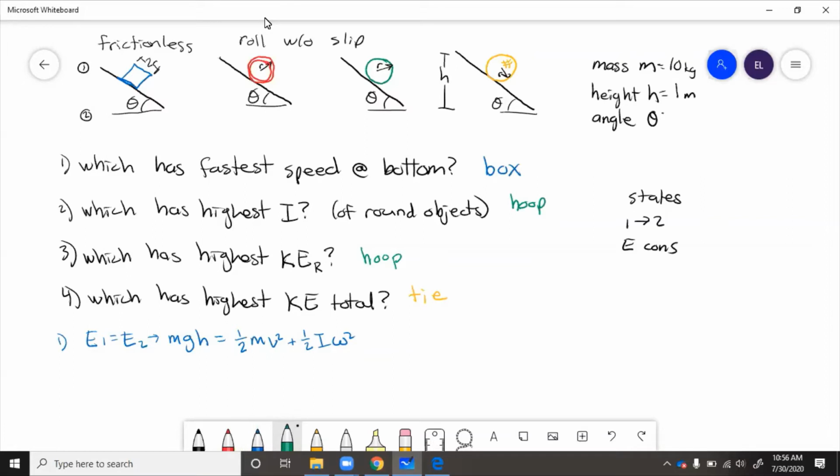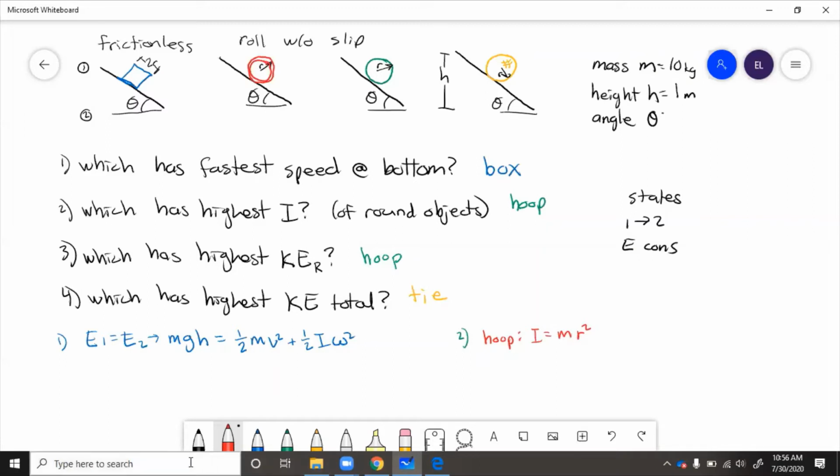So 2, for moment of inertia, we know that for the hoop, I equals m r squared.